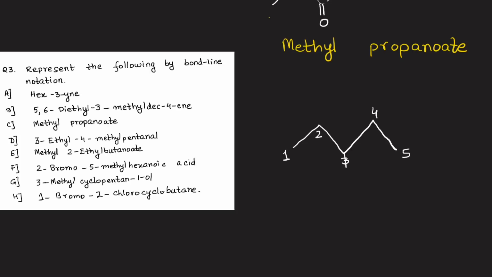3-ethyl. So what we'll have here? Go ahead. 4-methyl. That means at the 4th carbon atom, I have a methyl. So that means how many corners will be there? None. It's a straight line, right? And then we have to represent the al. Al means what functional group is it? Yes, it's the aldehydic group.